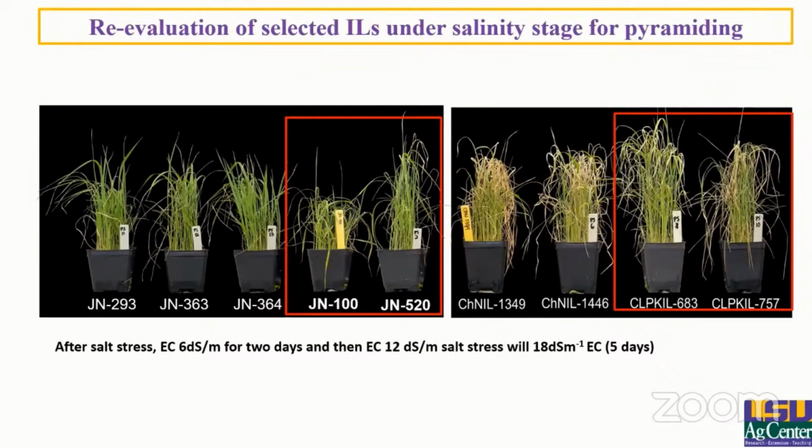And this is the response of the ILs that we used for the crossing to develop the pyramided population: GN100, GN520, GN683, GN575. This figure was taken 5 days after salt stress.